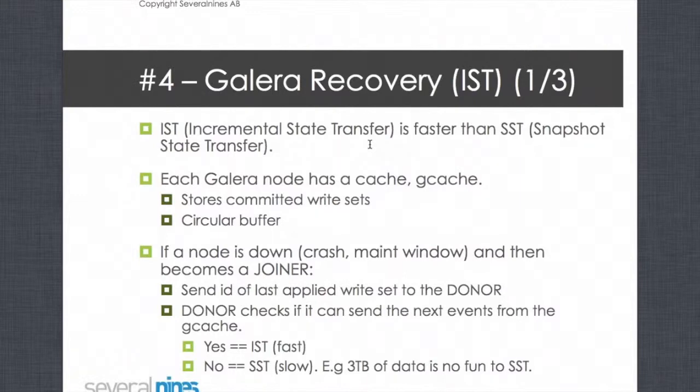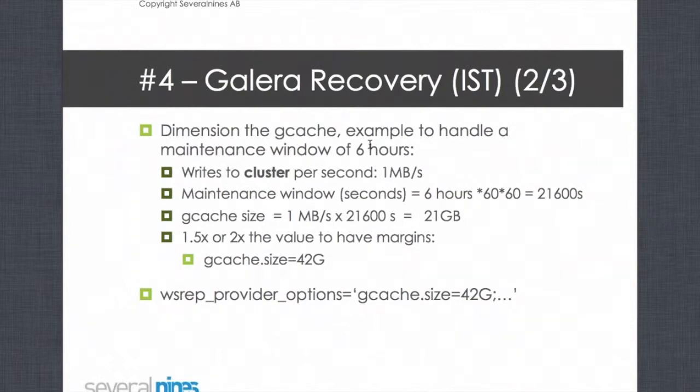The basic thing we want to do is ensure that we have set the Gcache to a reasonable size to allow for a maintenance window or for a crash. There are a couple of ways to reason about this, but here I'm going to assume an amount of data we write to the cluster: for example, 1 megabyte of data per second.